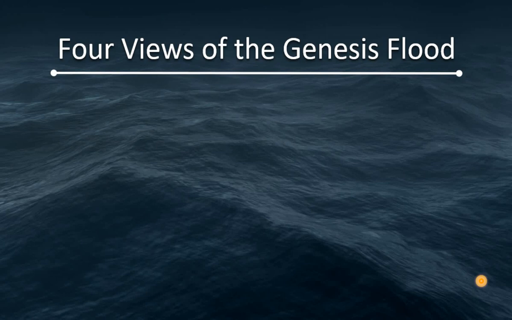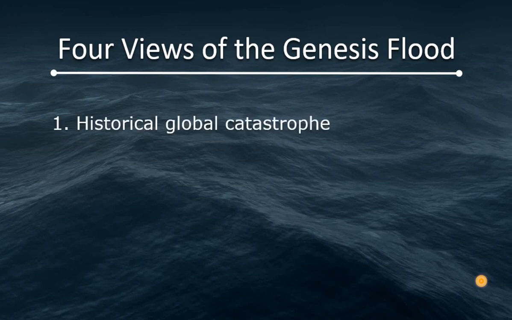So let's look at the 4 views of the Genesis flood that's been held in church history. The first is called the historical global catastrophe view, and every word in that is important. The view says the flood was historical.